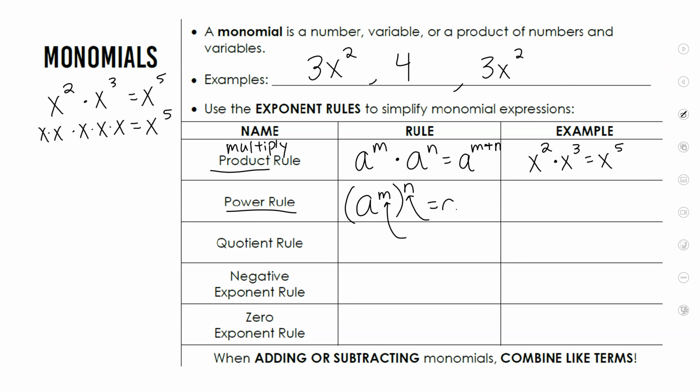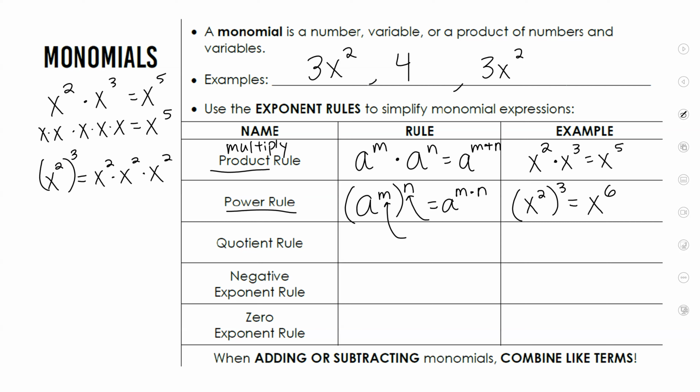When you have a power raised to another power, just multiply the powers together. So here I have x squared to the power of 3. This is x to the power of 6. You multiply those together. If you want a visual, x squared to the power of 3 means I want x squared 3 times.